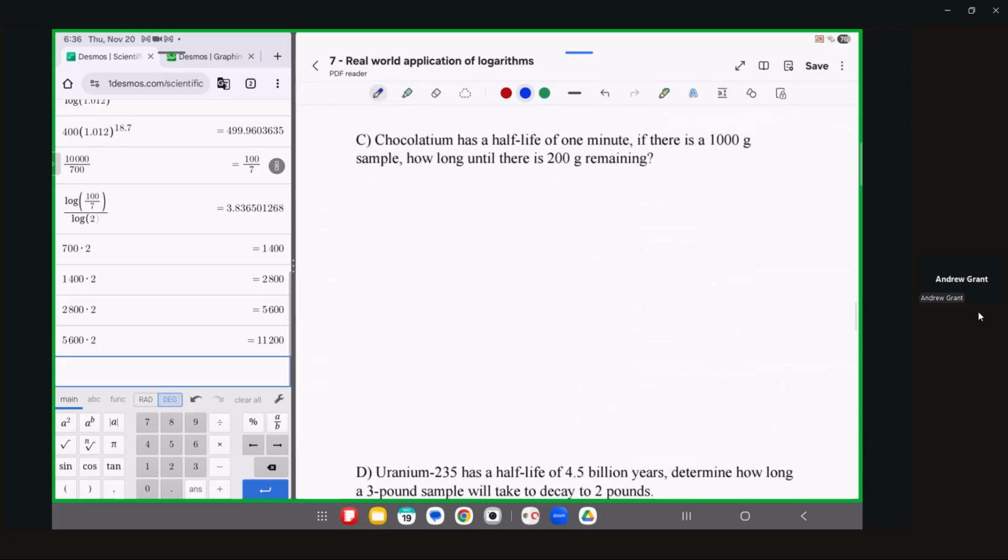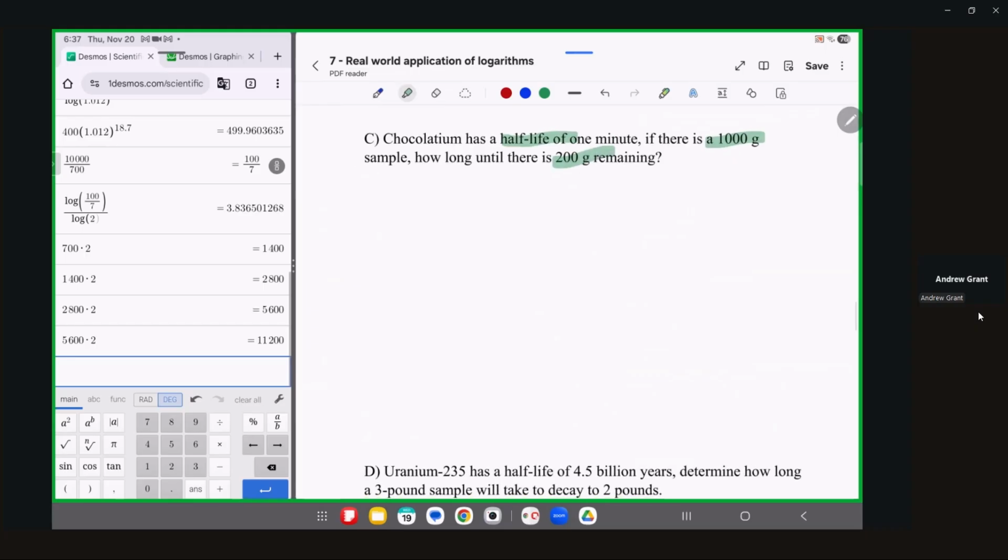Letter C, chocolatium has a half-life of 1 minute. And if there's a 1,000-gram sample, how long is there until 200 grams is remaining? Okay, so they're talking about grams here.